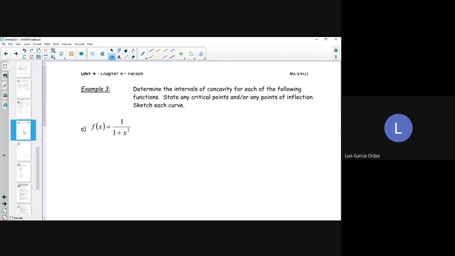So now we want to determine the intervals of concavity for the following functions, state any critical points and or any points of inflection, and we want to sketch each curve. So first of all, we need to find the asymptotes, okay?